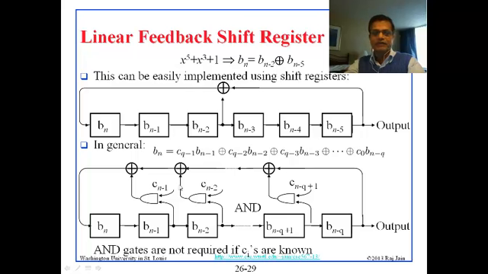Some bits always become 0, some bits remain 0 or 1. So by changing C1 through C(n-1), you can change the whole generator. So this is the general purpose random number generator implementation, which you can program anytime with any generator you want, and you can get the output.